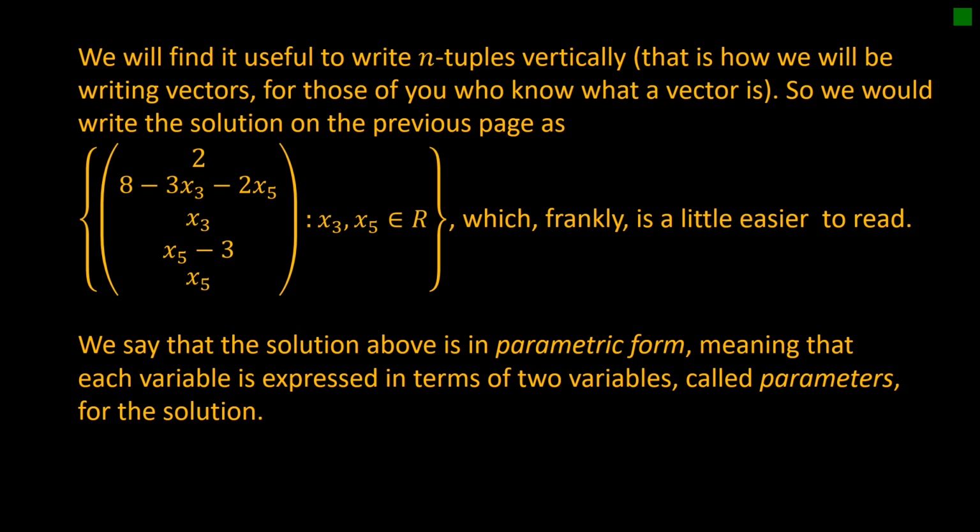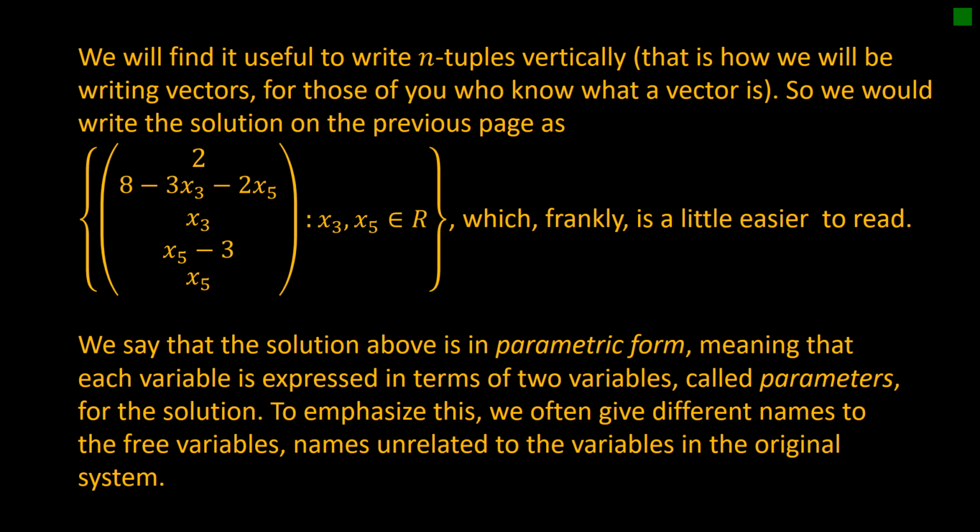In fact, what I like to say is that the solution above is in parametric form, meaning that each variable above is expressed in terms of 2 variables called parameters for the solution. Those 2 variables, of course, are x3 and x5. To emphasize this, we often give different names to those free variables, names unrelated to the variables in the original system.